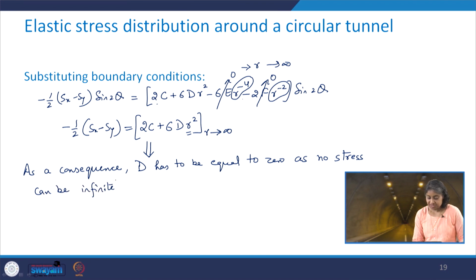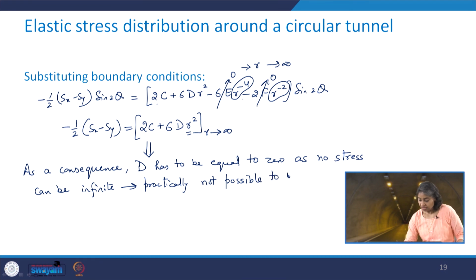In any system this cannot be there, because it is practically not possible to withstand this.